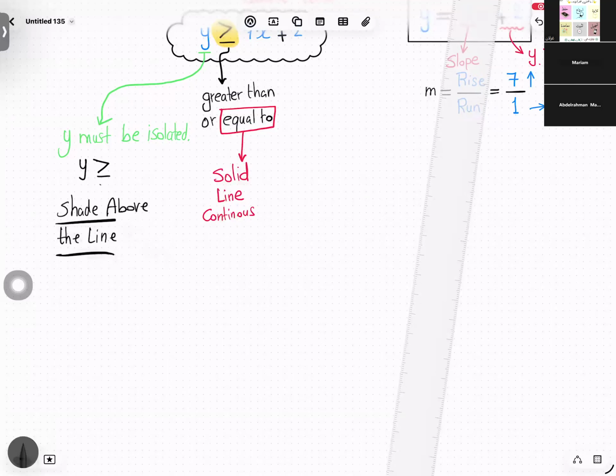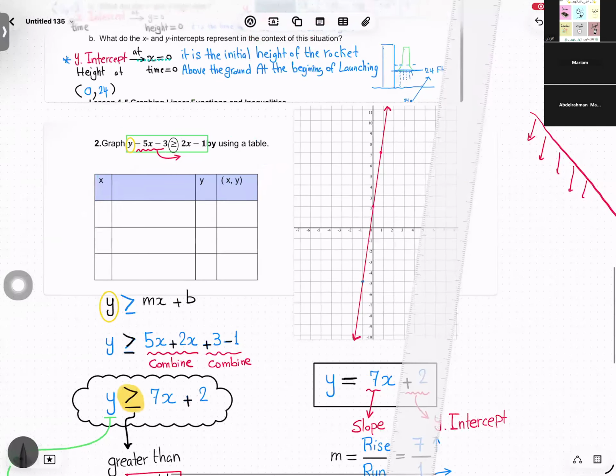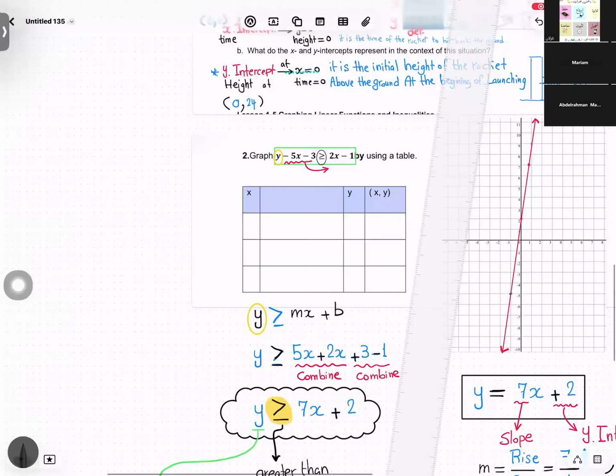Sometimes the equation is not arranged correctly and y is not in the right place.